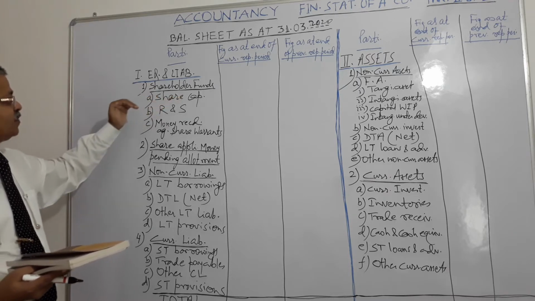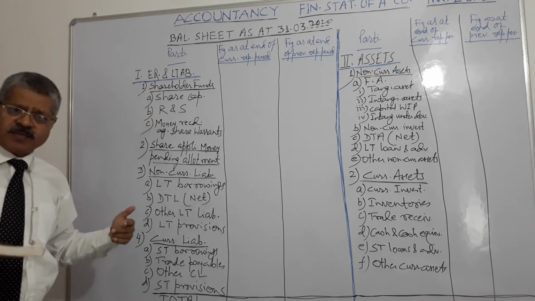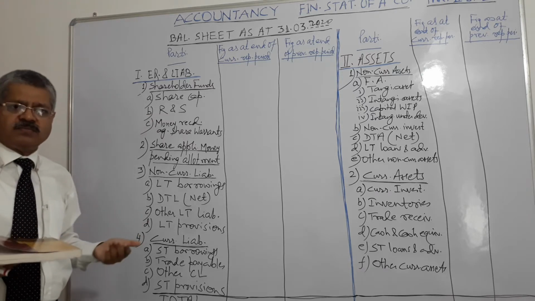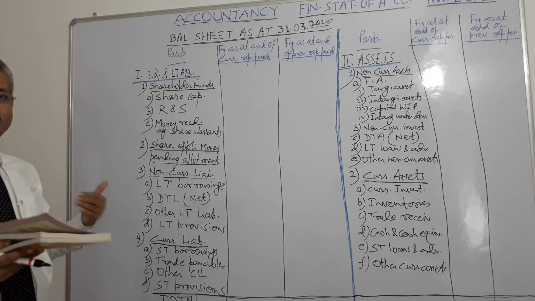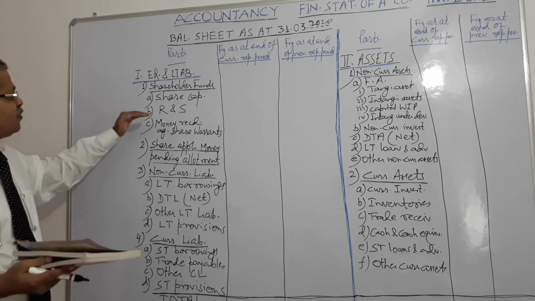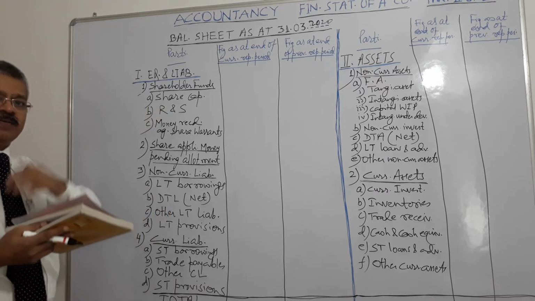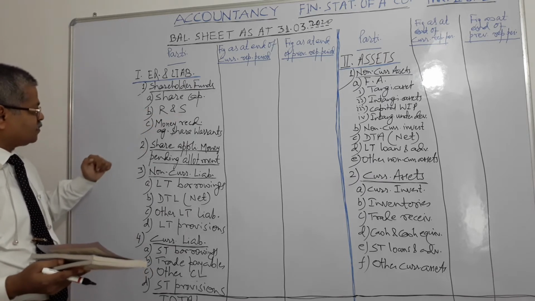Reserves and surplus means over the last so many years the company has kept on earning profits and or incurring losses, and whatever is the resultant amount plowed back into the business, keeps on getting accumulated in reserves and surplus.